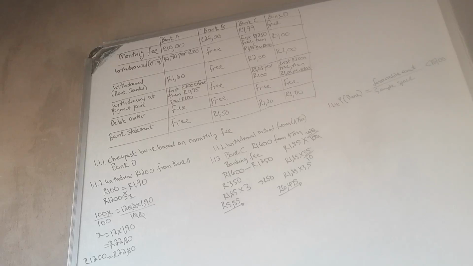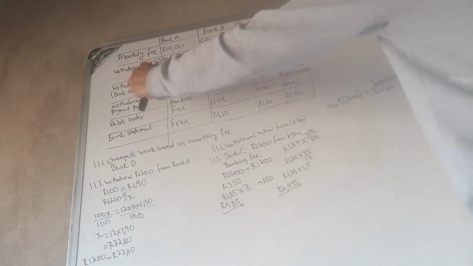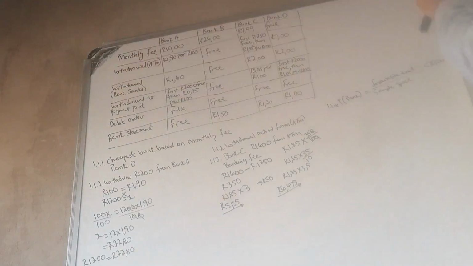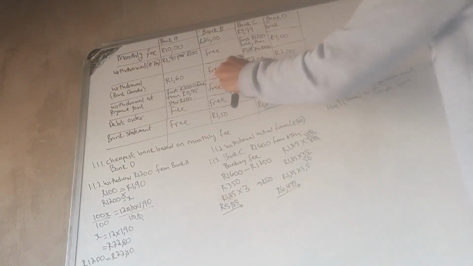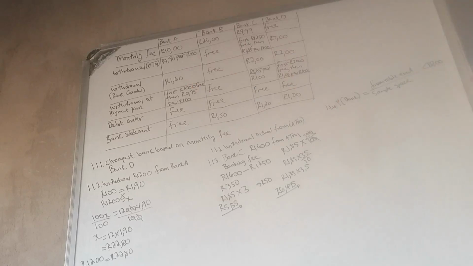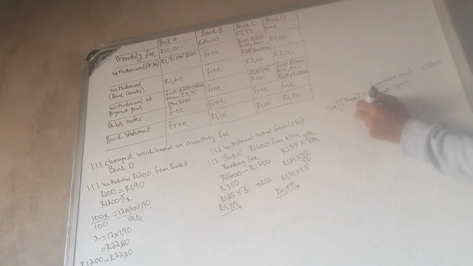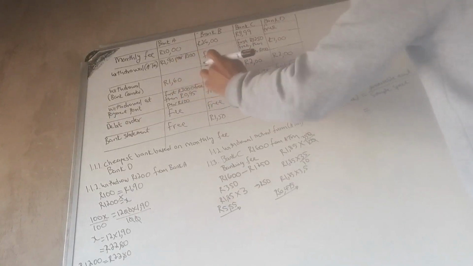They said the probability of choosing a bank with counter withdrawal cost less than 2 rand. We have free, that means less than 2 rand also, and 1 rand 60. So how many of those are less than 2 rand?